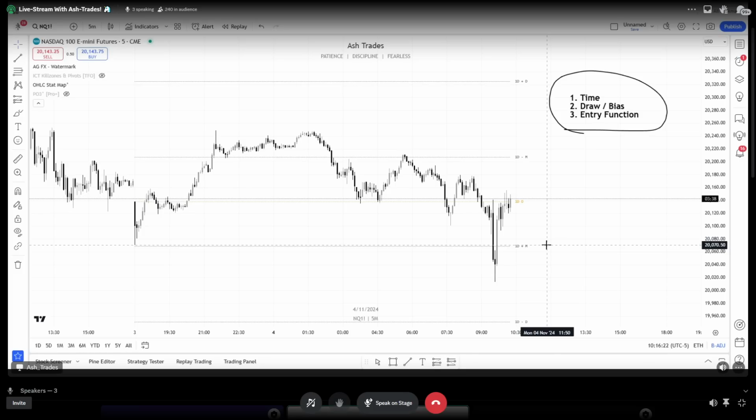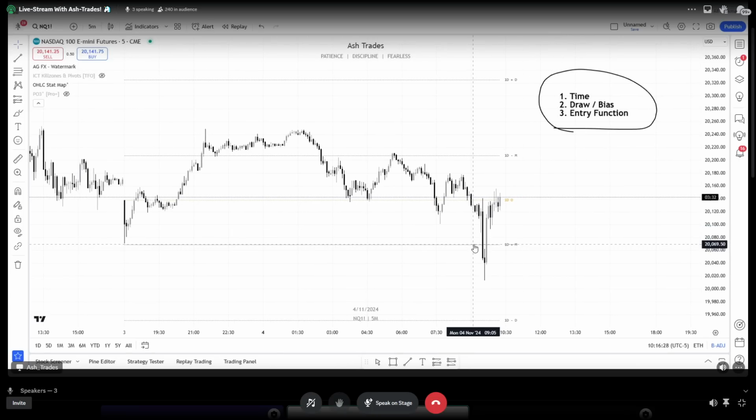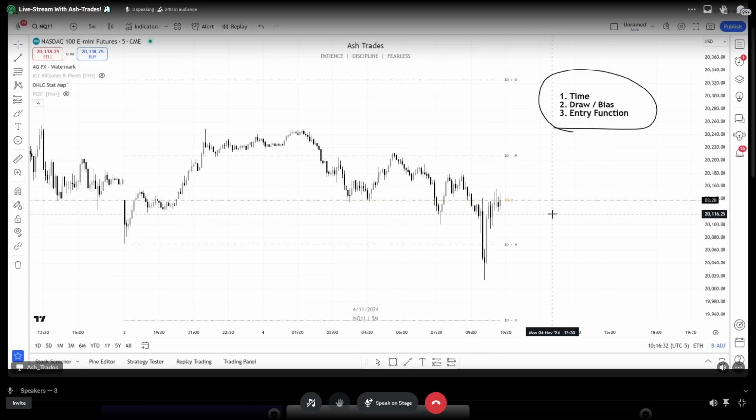But when I collected my data, the number of times I had seen a range deviation and then a change in the state of delivery, and seen that play out, was more profitable than not. So it was a data collection thing that was an aha moment.